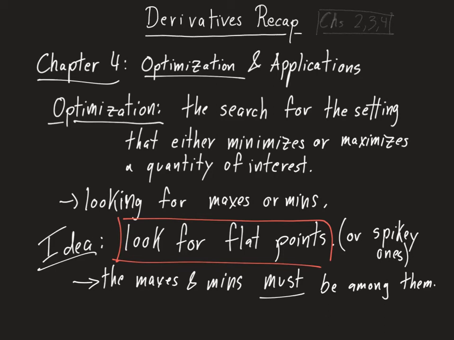And moreover, in most practical situations, not only will it not be infinite, but you'll only have a couple of these at most. And the big idea here is that since maxes or mins must be either flat or spiky, then if you found all of the flat and spiky points, then the maxes and mins must be among them. You know the culprit is there somewhere, and the culprit is one of those few suspects. Okay, this is the key idea. That's the whole point.